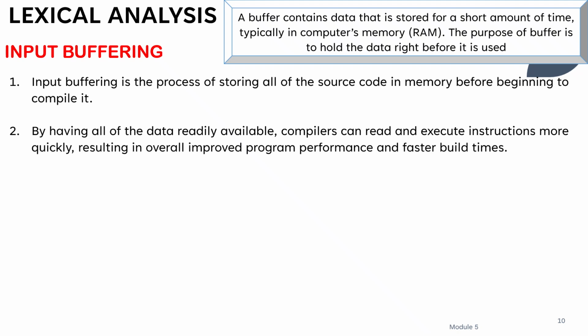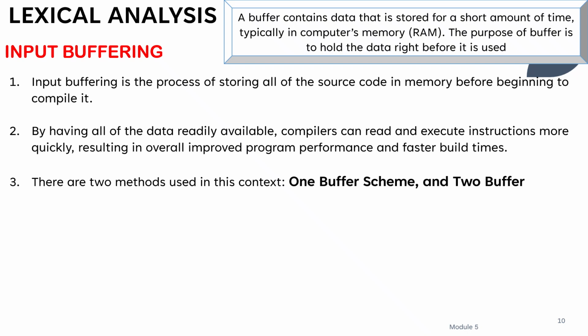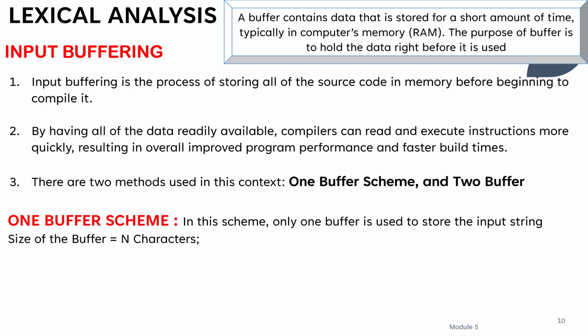By having all the data readily available, compilers can read and execute instructions more quickly, resulting in overall improved performance and faster build times. There are two methods to implement this buffer. You can have a one buffer scheme or a two buffer scheme. Obviously, there were some disadvantages associated with the one buffer scheme. Hence, the second scheme, that is two buffer, was introduced.